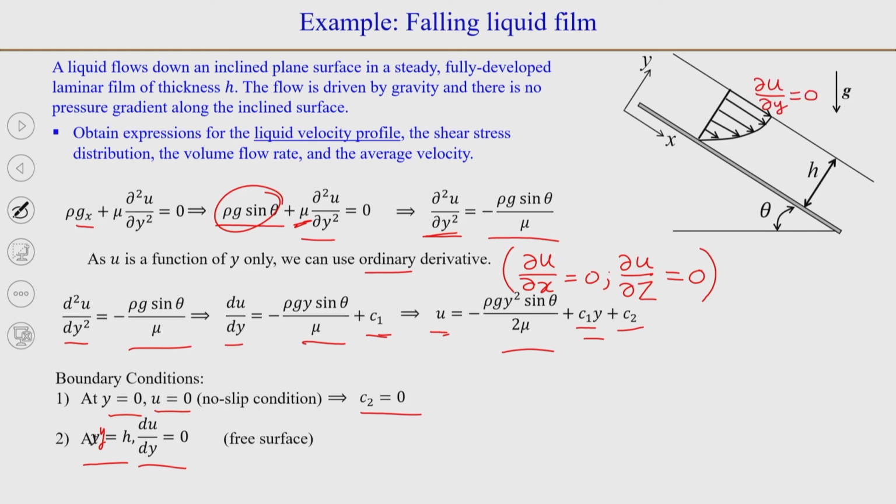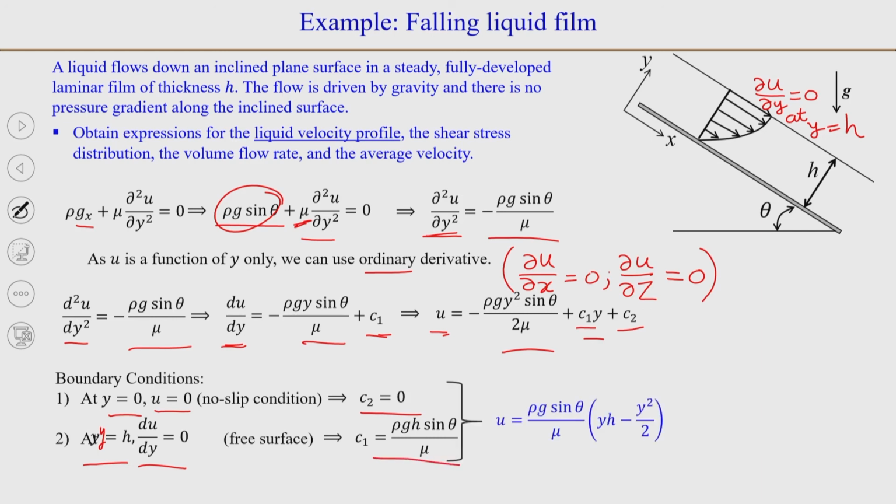So, we can say that dou u by dou y is equal to 0 at y is equal to h. We can use that, and we already know what du by dy is, and when we write that this is 0 at y is equal to h, we will simply get C1 is equal to rho g h sin theta divided by mu.